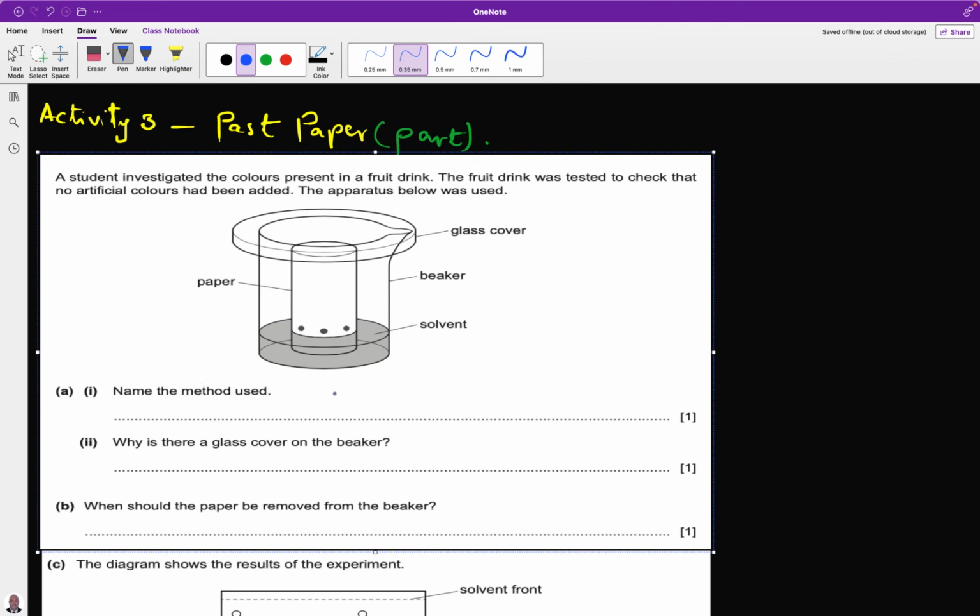Question B. When should the paper be removed from the beaker?